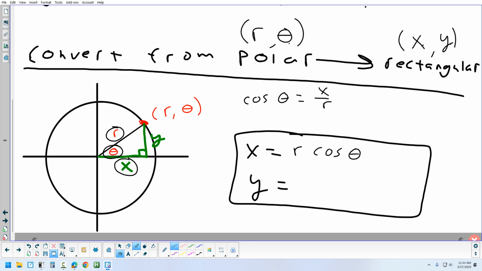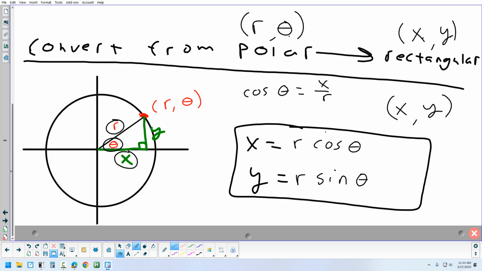Any guess on what the y is going to be? R sine theta. That takes an amount of rotation and a distance from the origin and converts it into a vertical amount. If you figure out r cosine theta and r sine theta and put a comma between them with a set of parentheses, you have now changed it into rectangular. Those are the 2 formulas you need to convert from polar to rectangular.